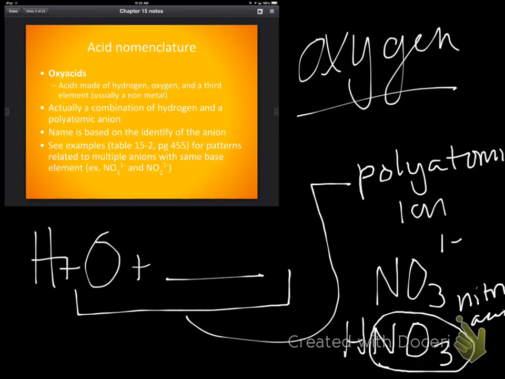I'm out of screen there. There is a table in your book in Holt Modern Chemistry on page 455. If you think back to when you were learning all the polyatomic ion names, remember how we've got nitrate, nitrite, sulfate, sulfite. There is a pattern for the various acids.